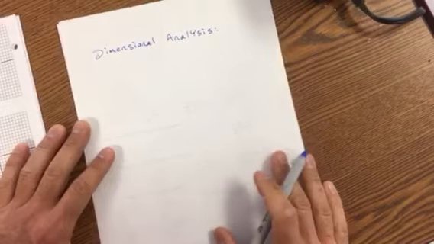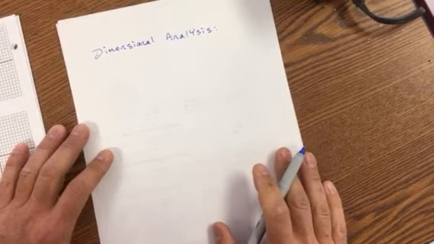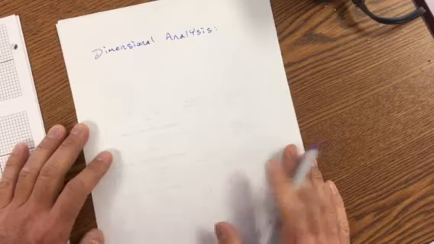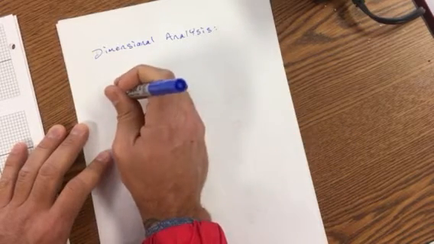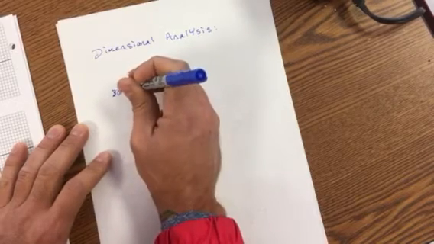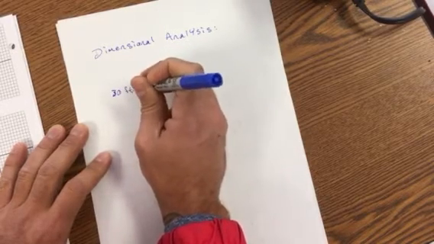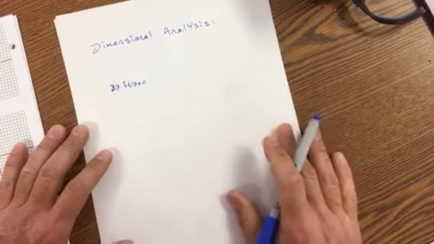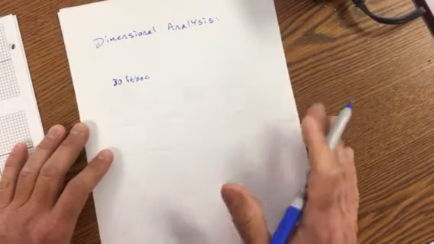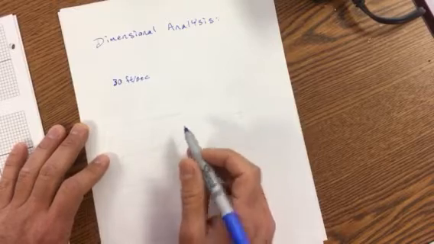So if you're talking about something that travels 30 feet per second, and we want to figure out how many inches a minute it travels, we're going to change feet per second to inches a minute.